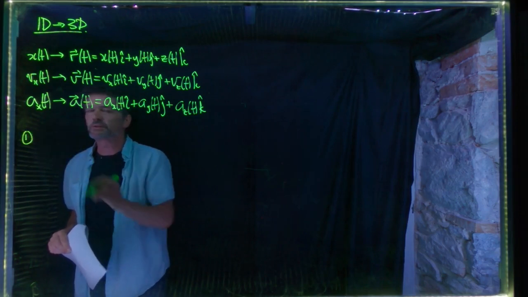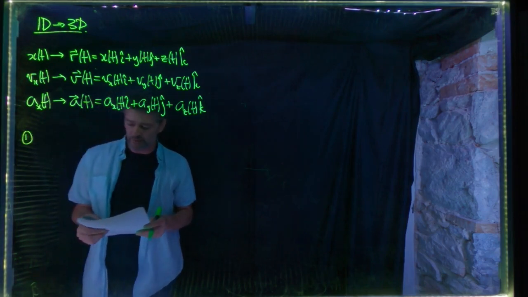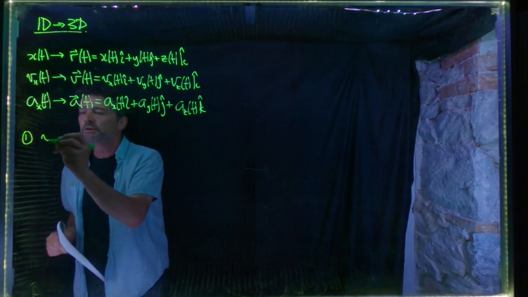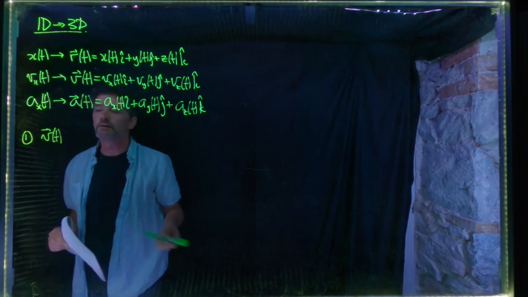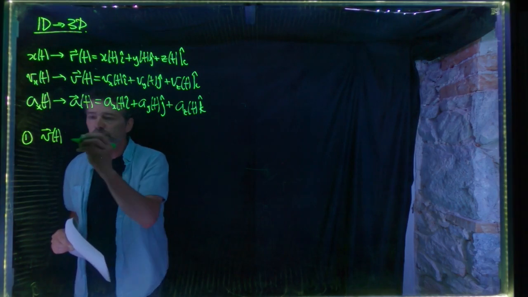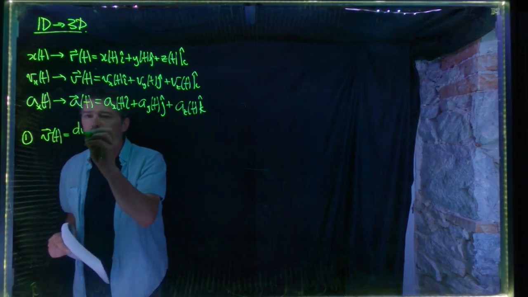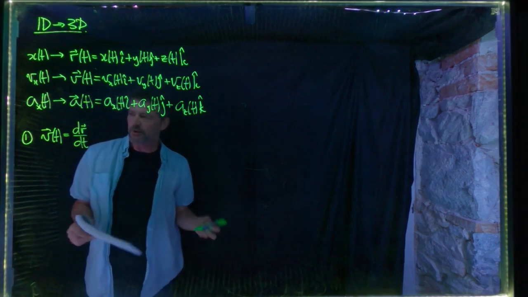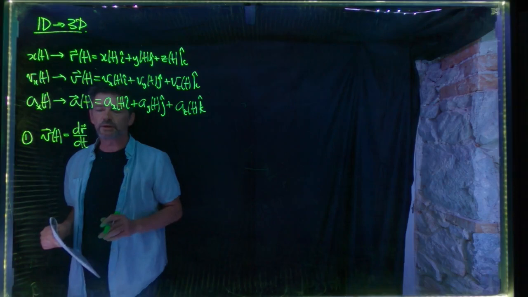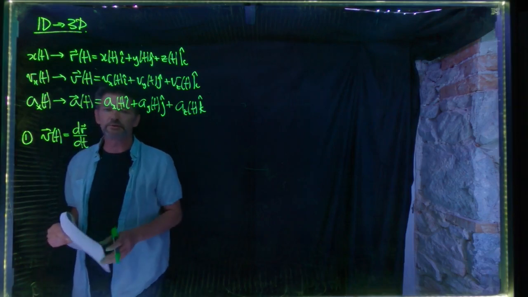Okay, so the first law, again, just follows from the basic definition of velocity. So the velocity, the full three-dimensional vector velocity of any object, is equal to the time rate of change of the position vector. Okay? And so then what we can do is we can play the same sort of game. We can multiply both sides by dt.